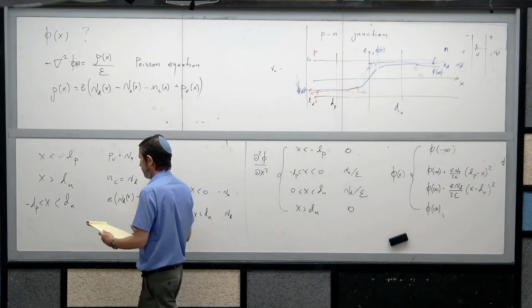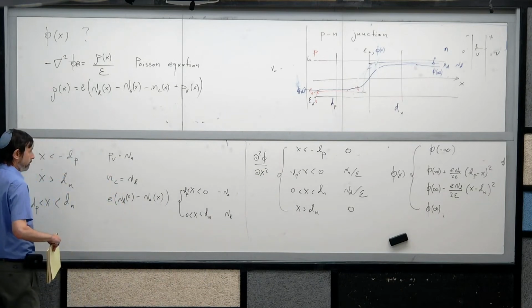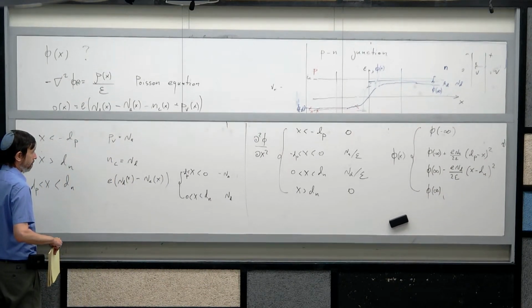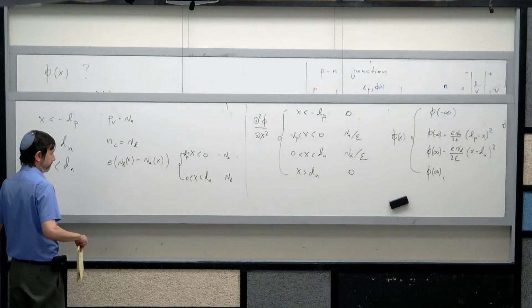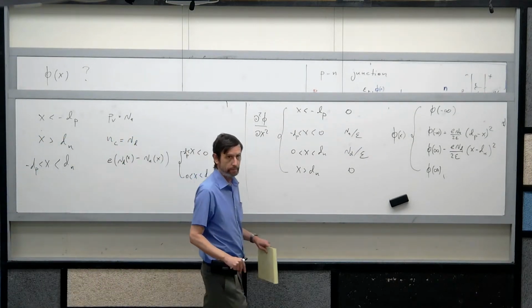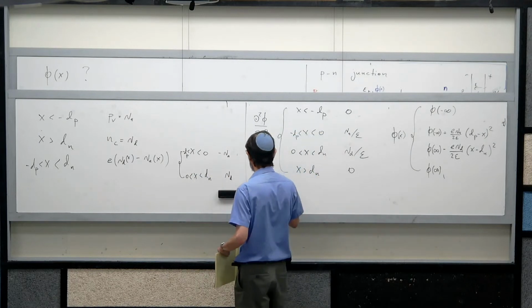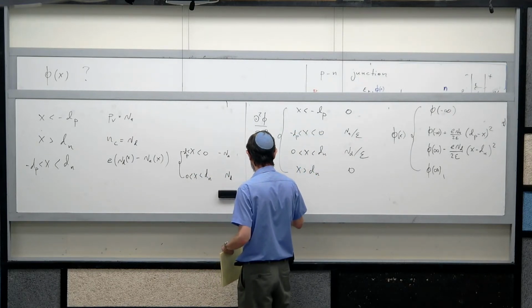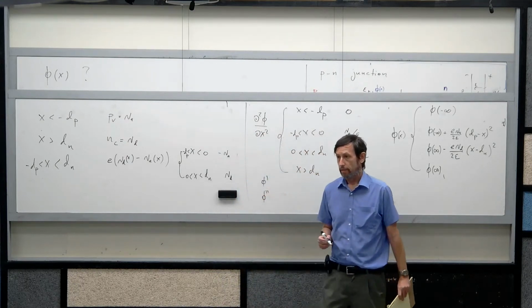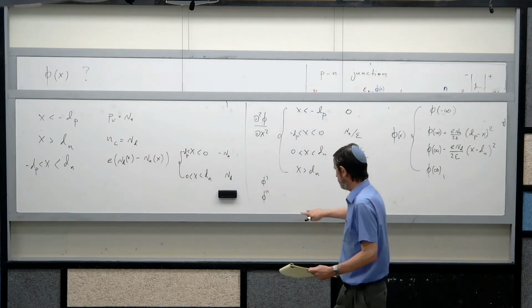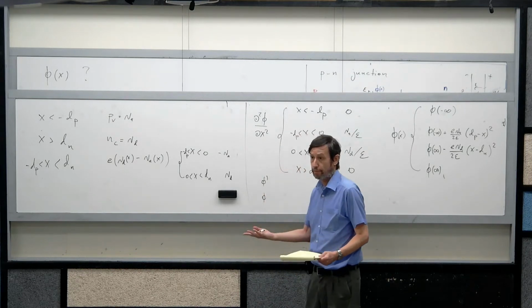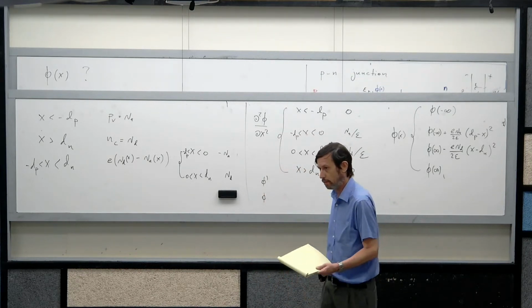I have to fit two things. The first derivative and phi have to fit at x equals 0.